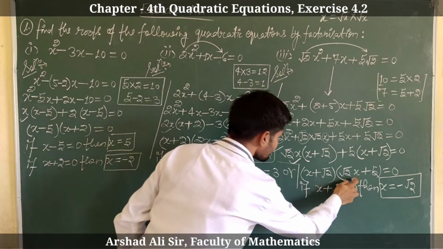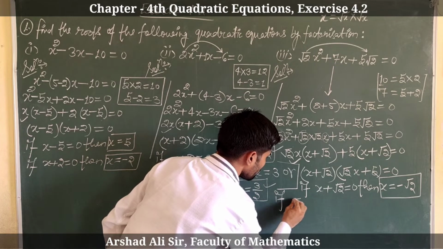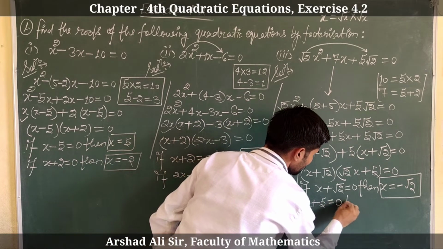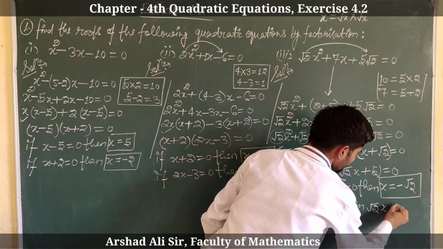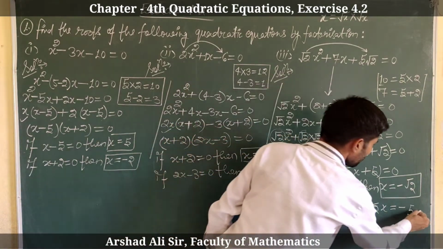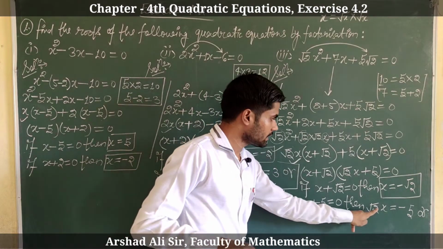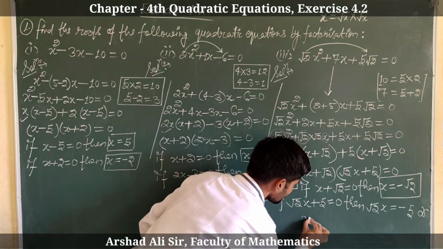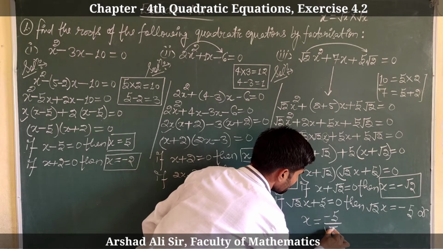Now from this linear factor we can put, if root 2x plus 5 is equal to 0, then root 2x is equal to minus 5, or root 2 is in the multiplication in left side, this will be in the division in right side. We can say that x is equal to minus 5 upon root 2.